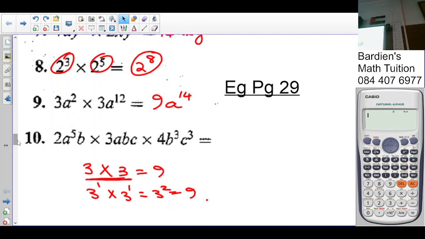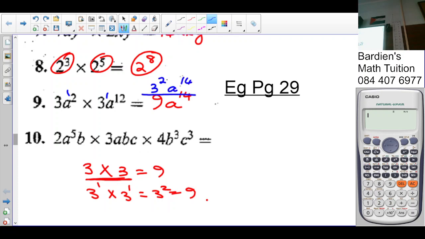But how are you supposed to know which to multiply and which to add? I just showed you now. If you're going to apply the rule, if you're multiplying and adding the exponents, then your answer should have been 3 to the 1 plus 1 is 2, a to the 14.